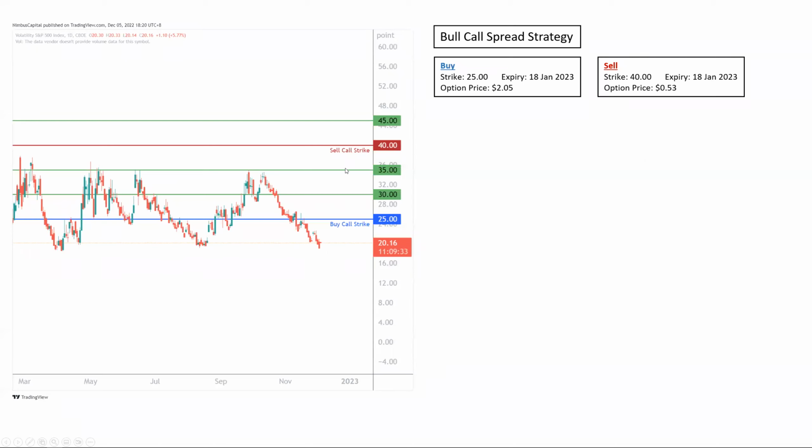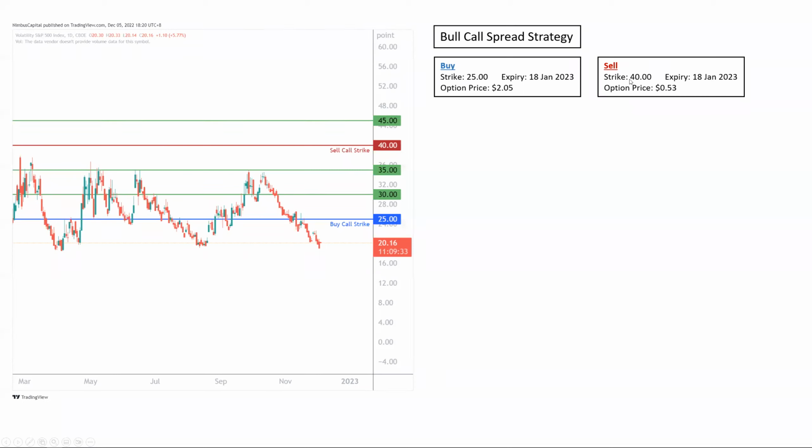And the additional transaction is we are also selling a call option at strike $40. The reason why we are selling at strike 40 is because I don't think VIX can go beyond 40. Okay, so that is my resistance level. That is my cap. Maybe VIX can go to 35, so I don't want to sell at 35, but I think it will be very hard for VIX to go beyond 40. Okay, that's why the strike price of the second part of the transaction is at 40.